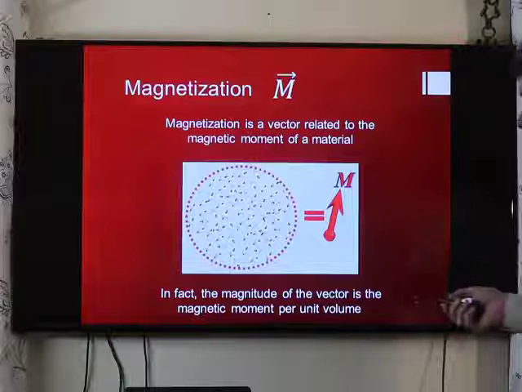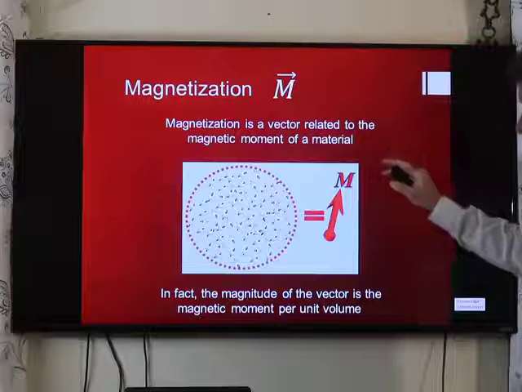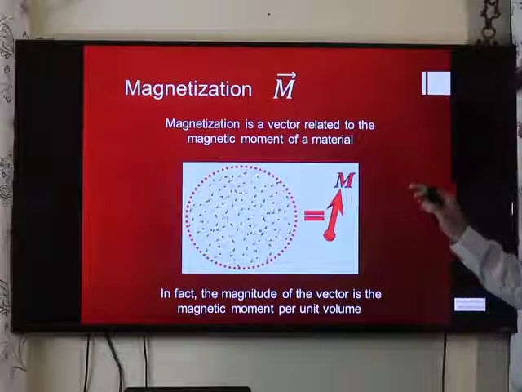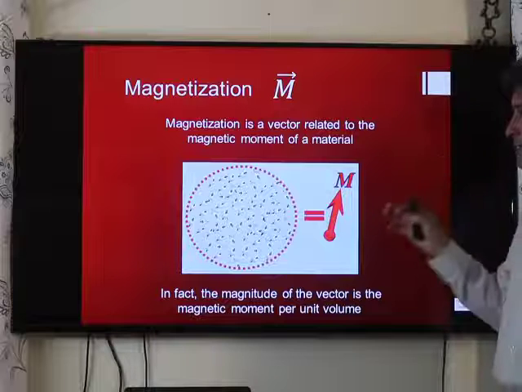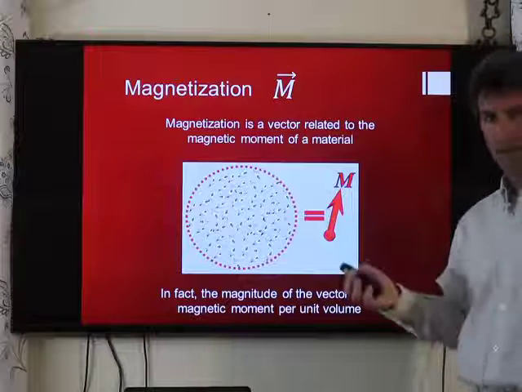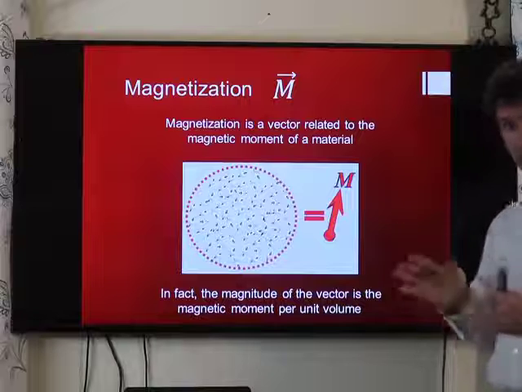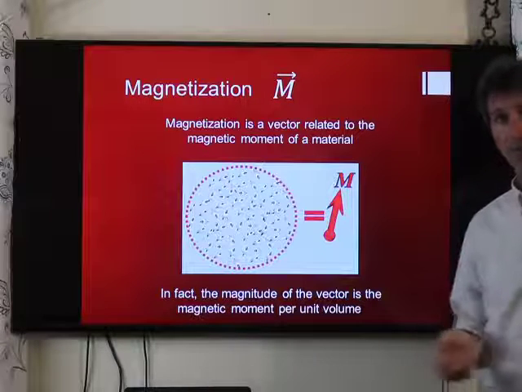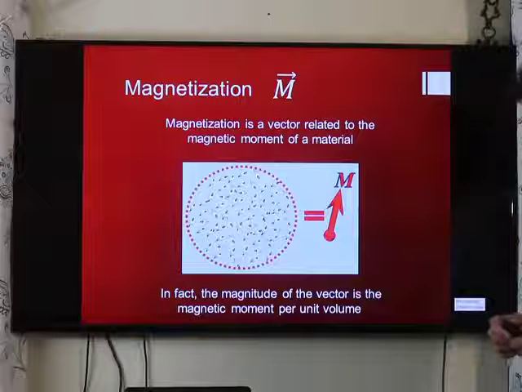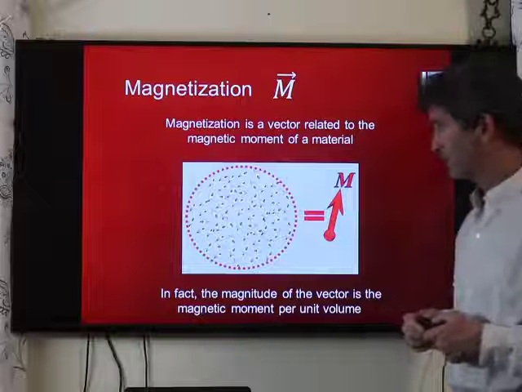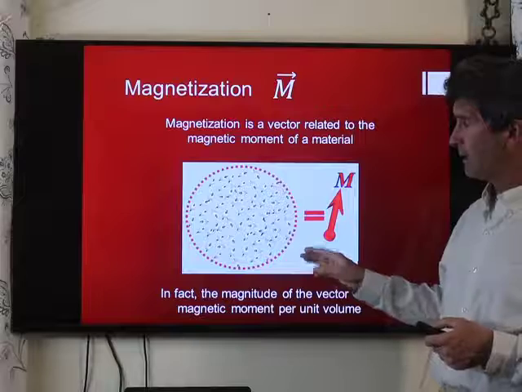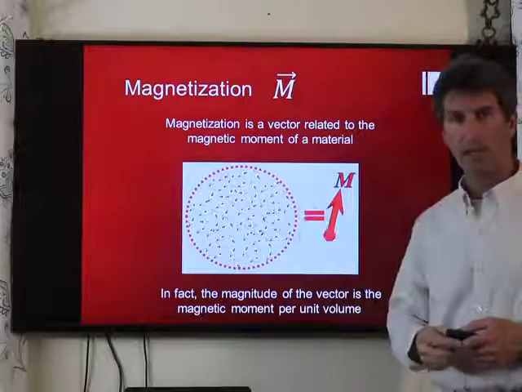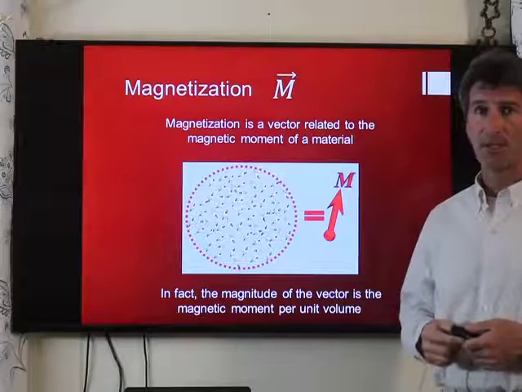Now, magnetization is a vector that is related to the total effect of the orientation of these atoms. Usually this magnetization becomes larger and larger as we apply an external magnetic field. If we have completely randomized atoms, the magnetization is zero.